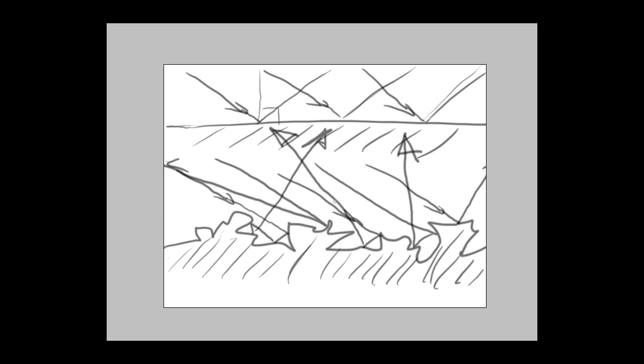We call this diffused. So on the surface of a very rough material, the light rays get diffused. And on the surface of a very smooth material, the light rays get not diffused. And as you go in between smooth and rough, you get different levels of diffused light.